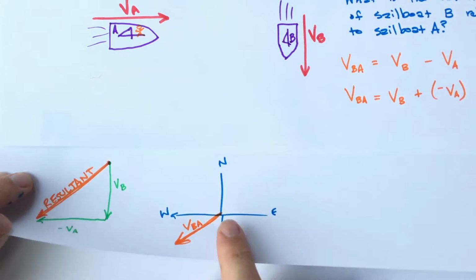All right, let's take another example of this with some numbers. And here's what this looks like. We'll stick with sailboats here. Our example is this.